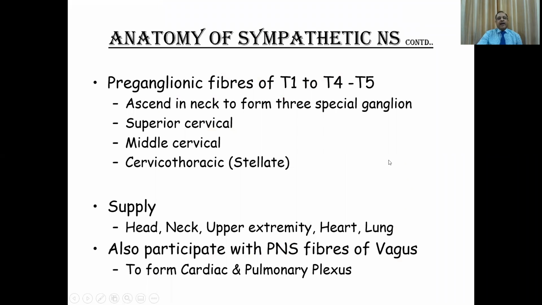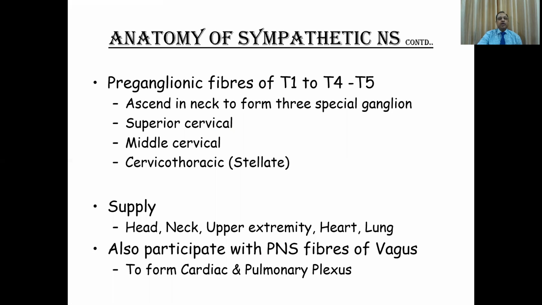It will be worthwhile to know the segments which supply particular organs. So the preganglionic fibers which come from the first thoracic segment to the fourth or fifth thoracic segment ascend in the neck to form three special ganglia, named the superior cervical ganglion, middle cervical, and cervicothoracic, also called the stellate ganglion, which is made by fusion of the inferior cervical ganglion and the first thoracic ganglion.